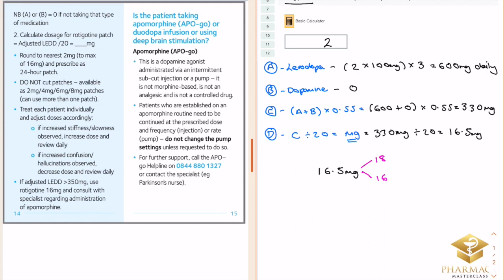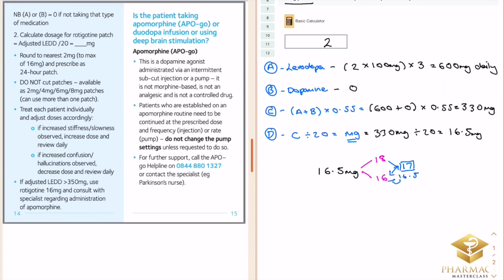So 16.5 falls between there. So what I tend to do is I then say, okay, what's the midpoint between 18 and 16? It's 17. So if 17 is my midpoint between 16 and 18, where does 16.5 fall? It falls on this side of the barrier between my 16 and 17. That's where my 16.5 falls.